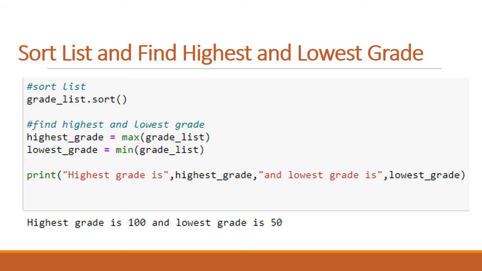Next, we can assign the highest grade by using the built-in function max and use our grade list as a parameter. And we can assign the variable lowest grade to the minimum grade in the grade list by using the built-in function min. Just to verify that we have found the lowest and highest grade, we can print out that the highest grade is 100 and the lowest grade is 50.